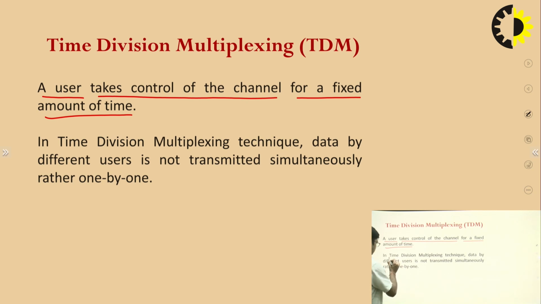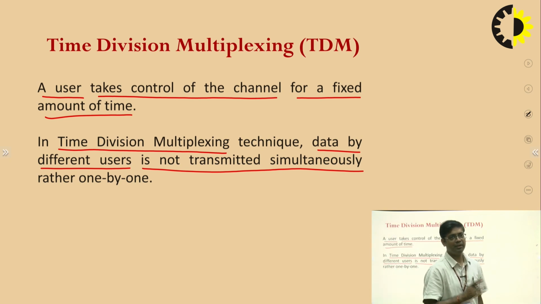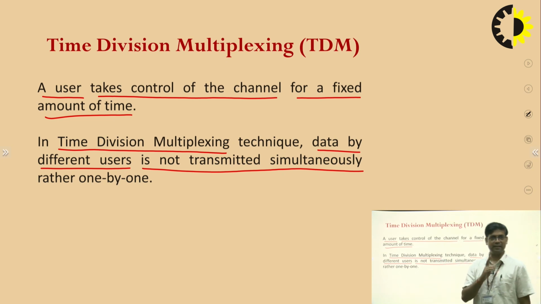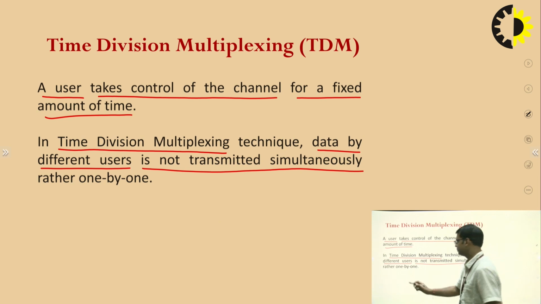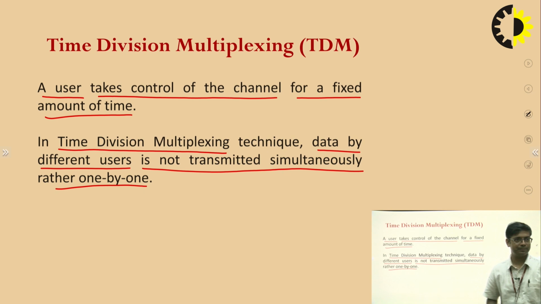Here again, note that in the TDM technique, data by different users is not transmitted simultaneously. Data is transmitted simultaneously in case of FDM. In case of TDM, data is not transmitted simultaneously, rather one by one, by occupying different time slots.